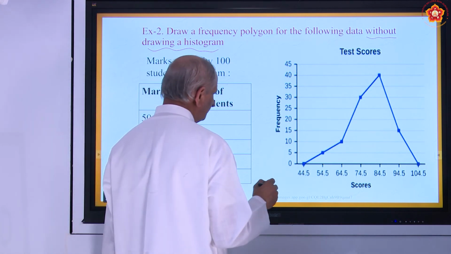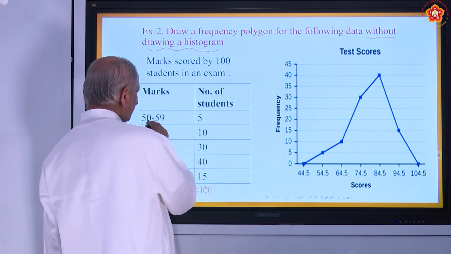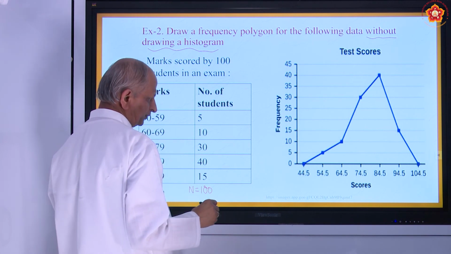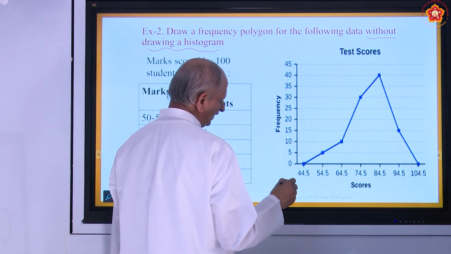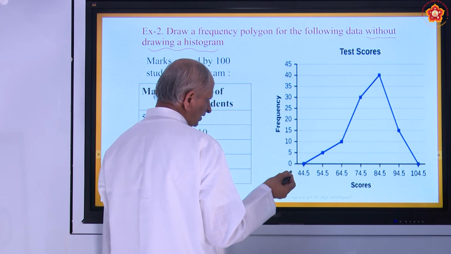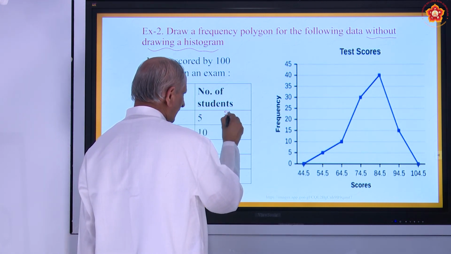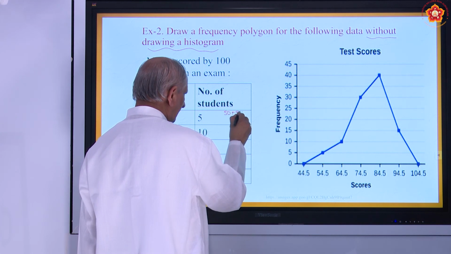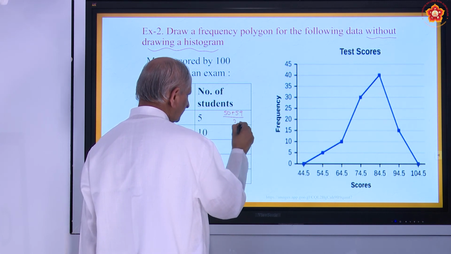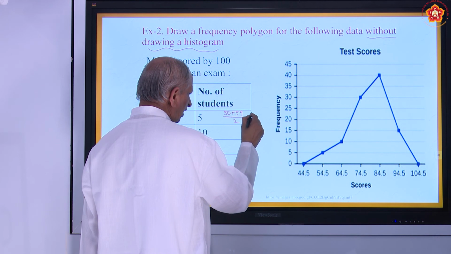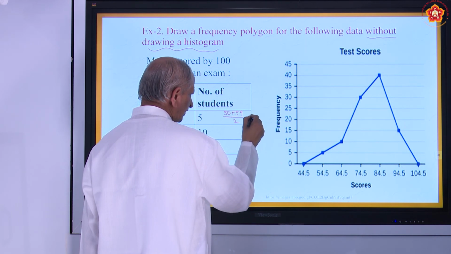For example, the first class interval is 50 to 59. The midpoint of that will be 50 plus 59 by 2, that is 109 by 2, that is 54.5.